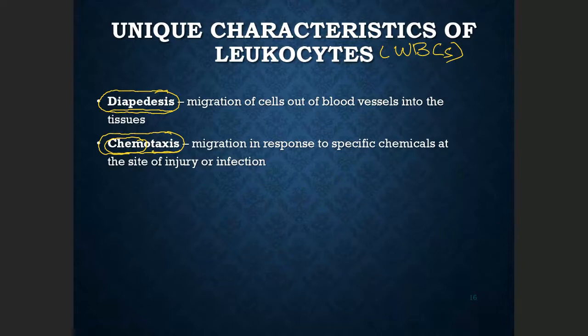The white blood cell is able to migrate to a certain area when they sense chemicals in that area that may not be present during normal time. So this is what we call chemotaxis. They're able to move based on the chemical clue, and they're also able to move out from the blood vessel into the infection site.